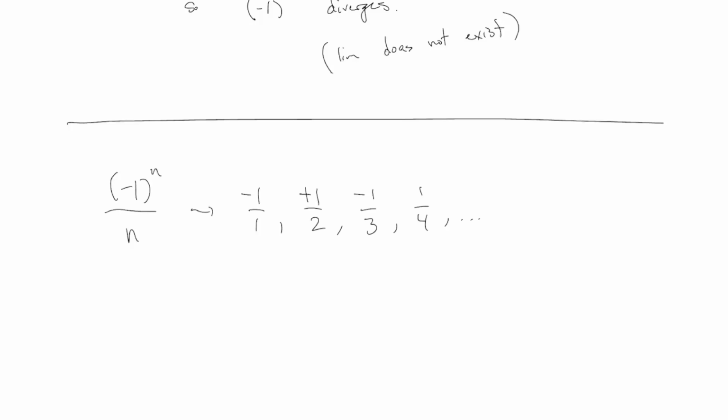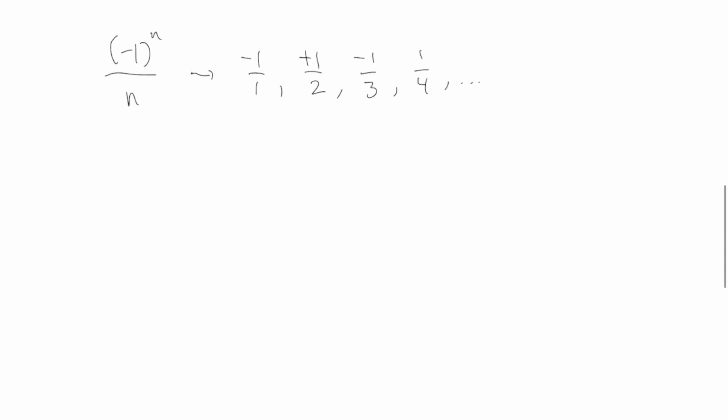Does this converge? We have alternating signs, so you might feel like it's probably not going to converge. But we also have these denominators. If you graph these things in the same way, what's it going to look like? The first one is negative 1, so that's down here.